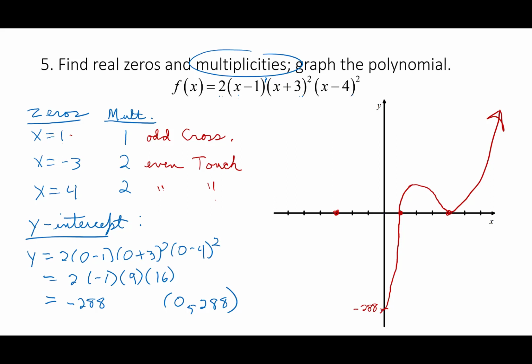Now, we don't know that there's a minimum at y equals negative 288, we just know it's a point on our graph, and so my guess is it probably is not a minimum value. So we might come down and then come up and bounce off the x-axis at the point x equals negative 3. It looks like I didn't hit that real well there, but our graph would look something like this.